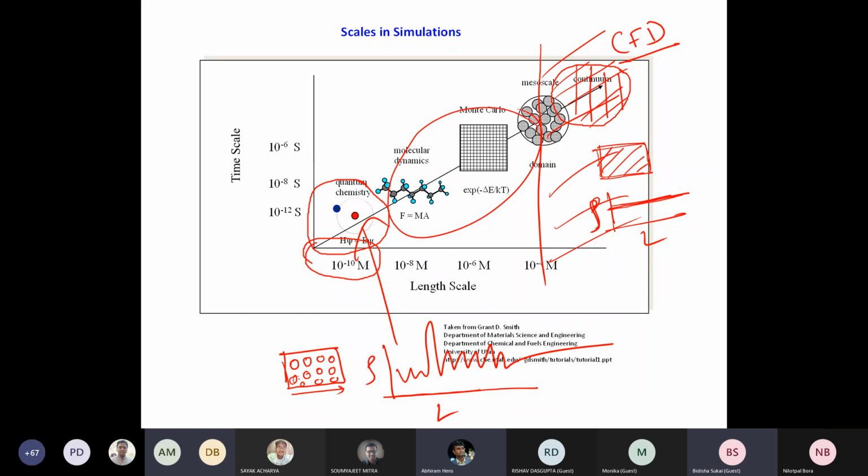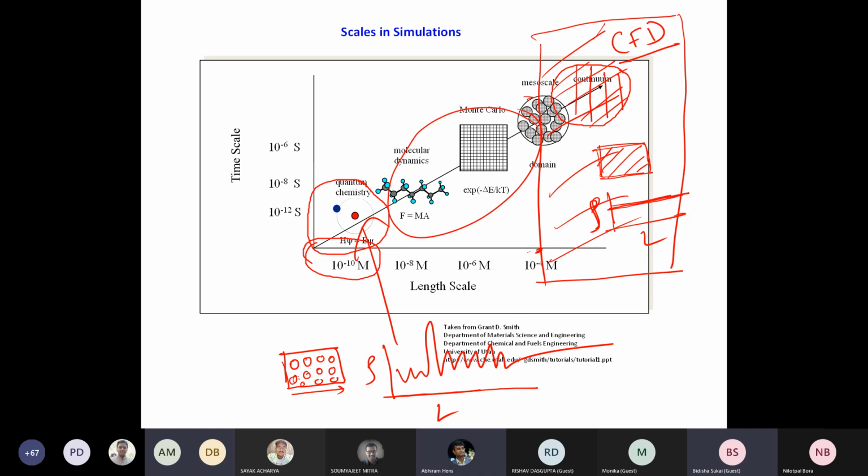These governing equations will not be valid. So before beginning, I would like to point out that our CFD or continuum mechanics will be valid only in this domain, only above a certain length scale and certain time scale, beyond which we cannot do these things.